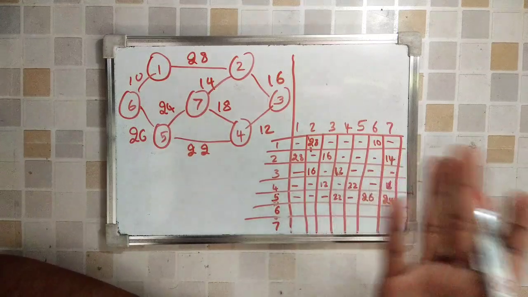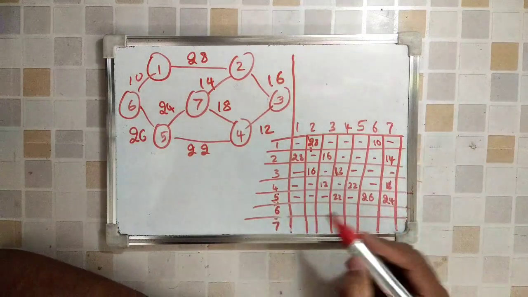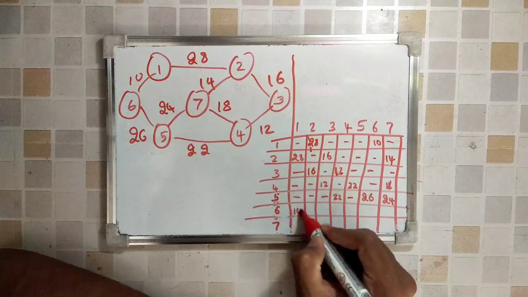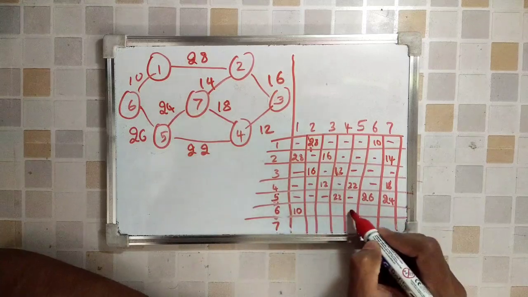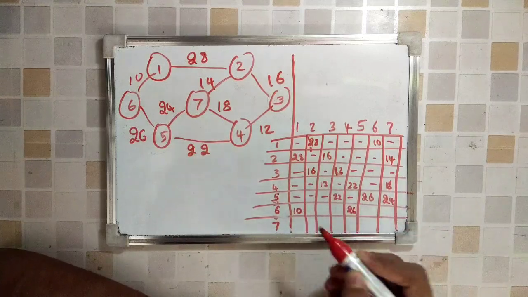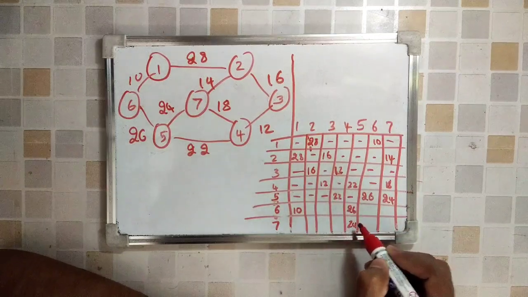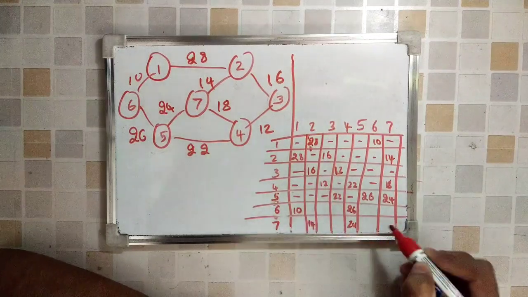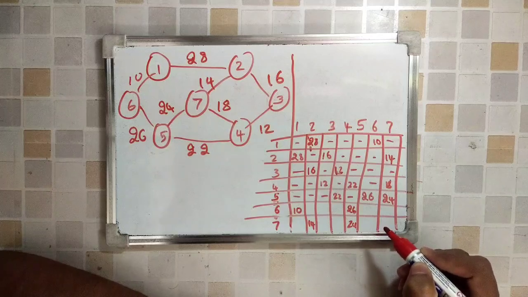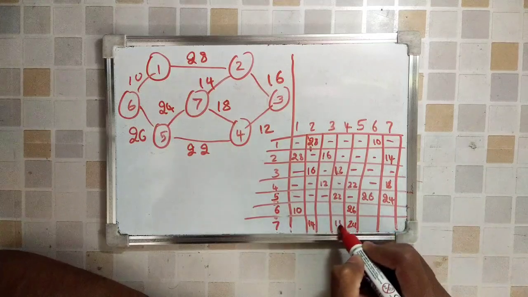Similarly for the rest: 6 to 1 is 10, 6 to 5 is 26, 7 to 5 is 24, 7 to 2 is 14, and 7 to 4 is 18.